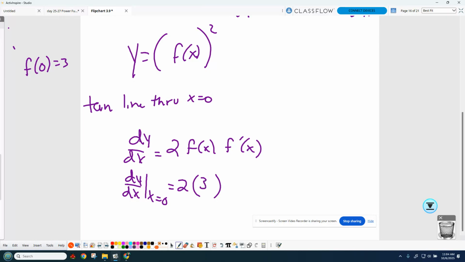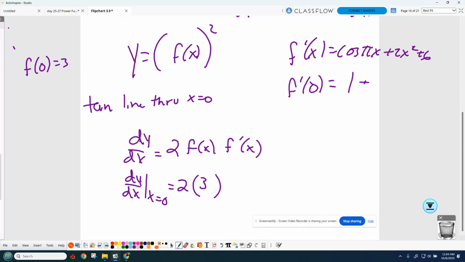And it said f prime was something horrendous: cosine of pi x plus 2 squared plus 6. Okay, f prime of 0, cosine of 0. You guys need to remember the unit circle. Cosine of 0 is not 0, it's 1. Okay, 2 times 0 squared, well, that's conveniently 0. So the slope was 42.